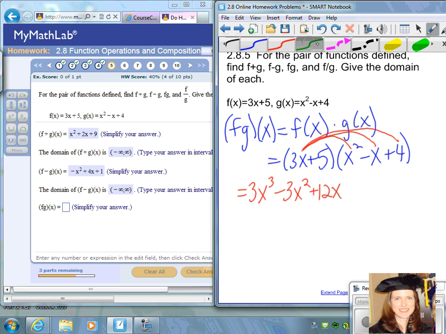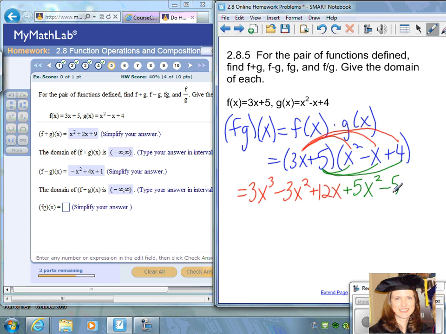And then we're going to multiply everything by the last term, 5, to get plus 5x squared minus 5x plus 20.